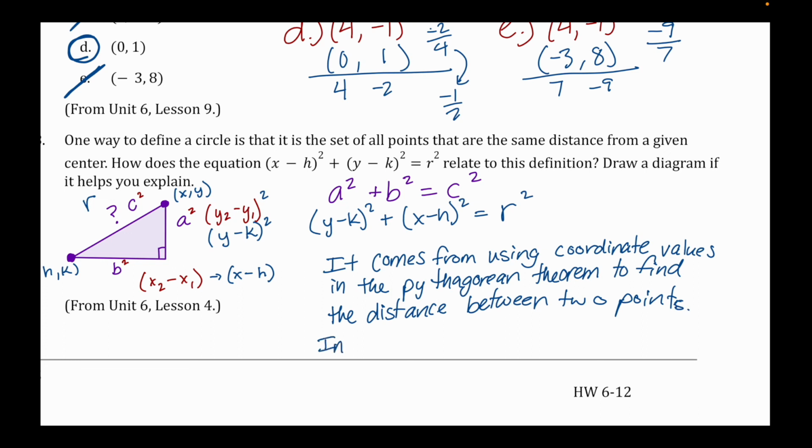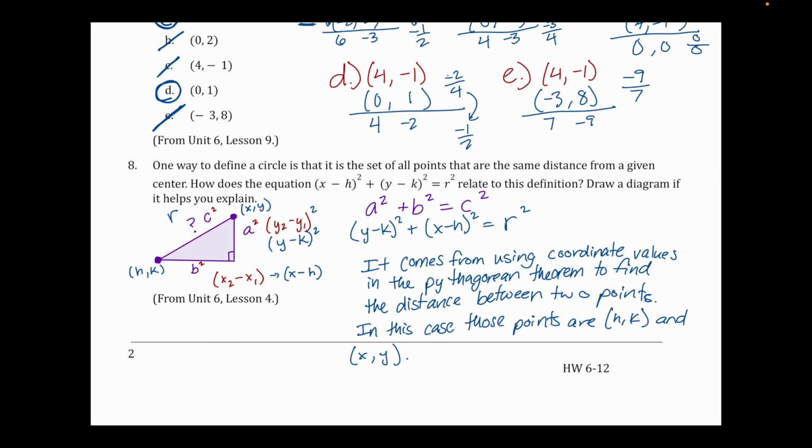And in this case, those points are h comma k and x comma y. And that's it. It comes from using coordinate values in the Pythagorean theorem to find a distance between 2 points.